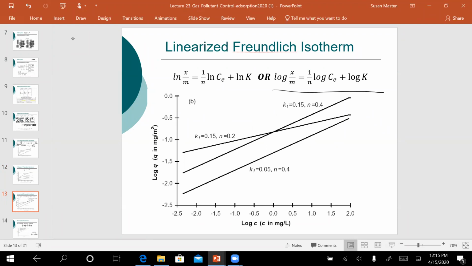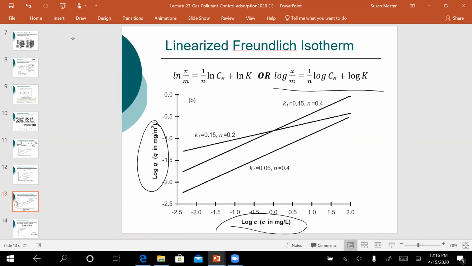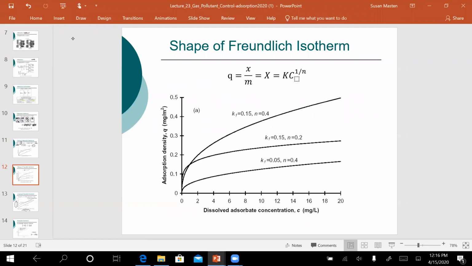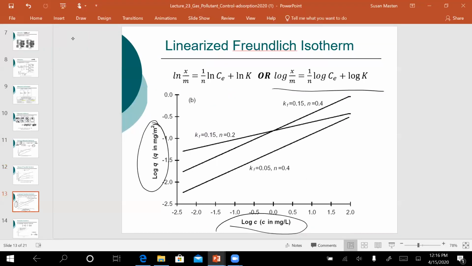So you can see we have the log of X over M versus the log of C. We plot that, and what we've done is we've taken a function that looks like this and linearized it.